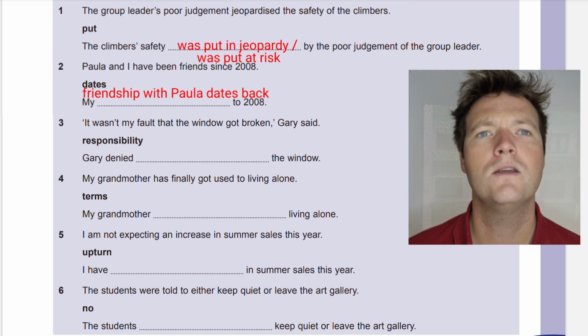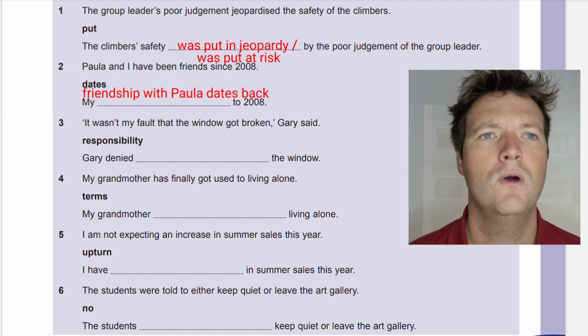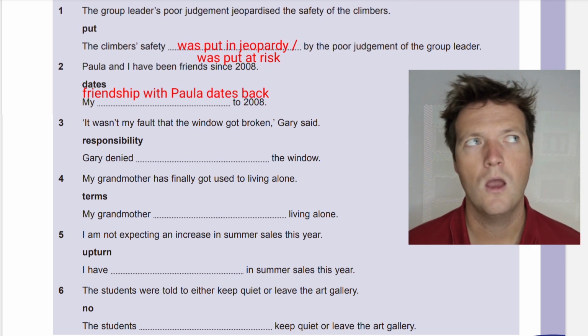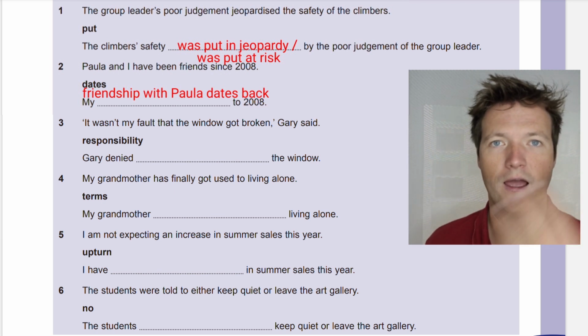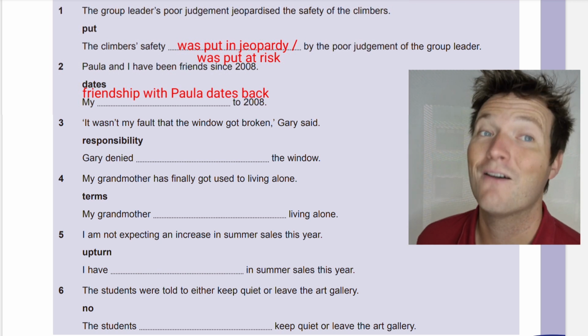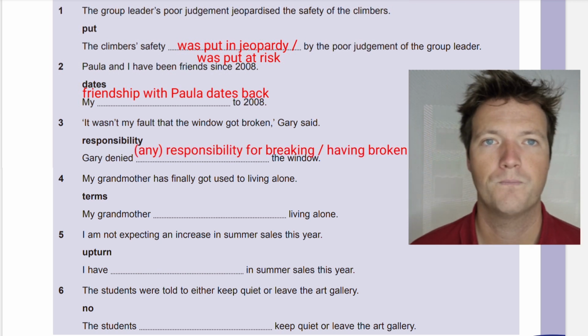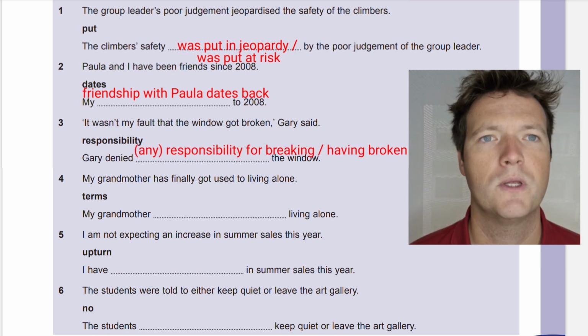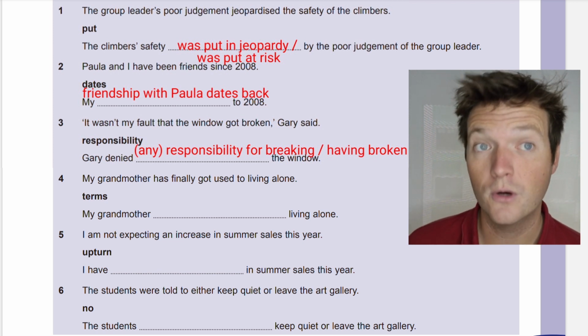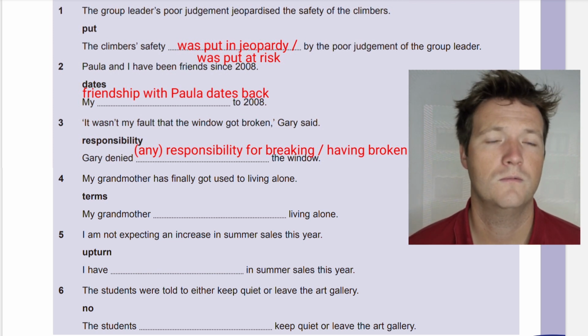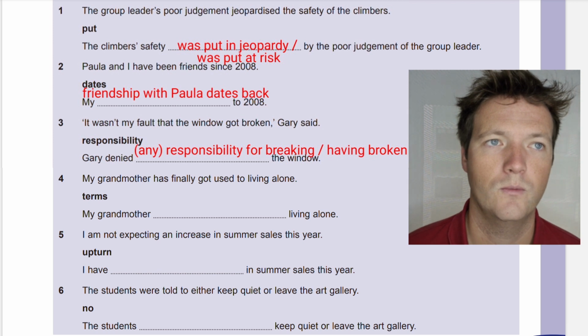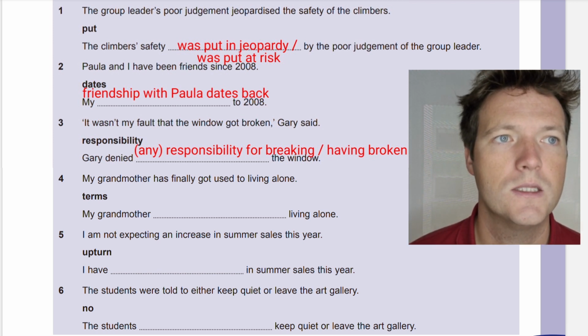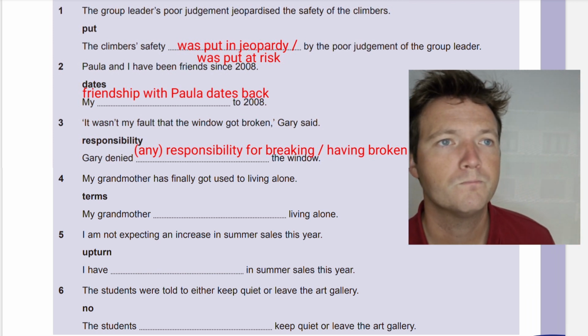So he denied responsibility for breaking the window. Or also, as it's after the fact, we could say for having broken the window. So Gary denied responsibility for having broken the window, or simply for breaking the window. I think those would be the two possibilities there.